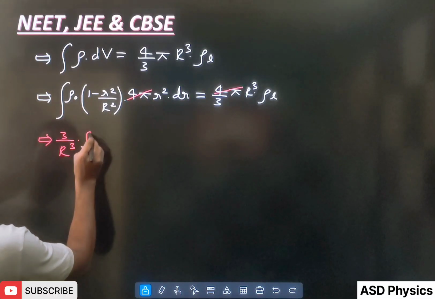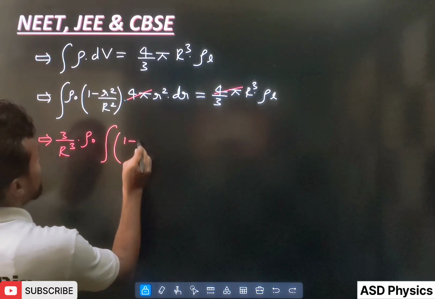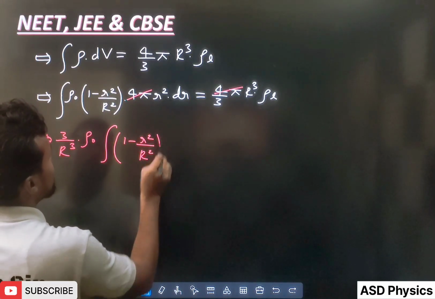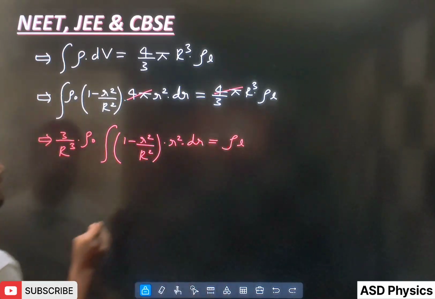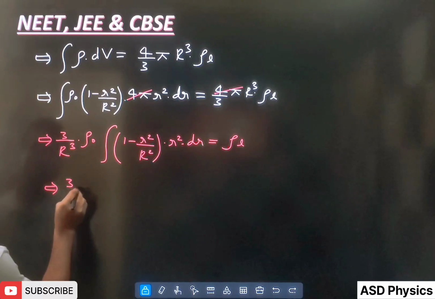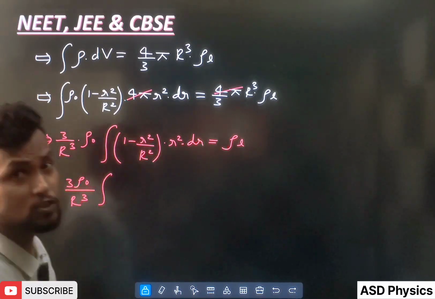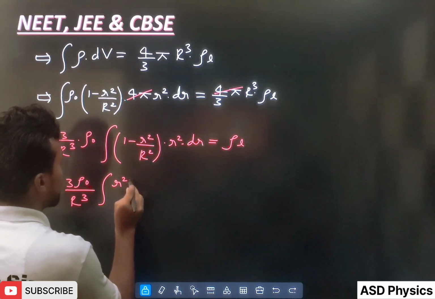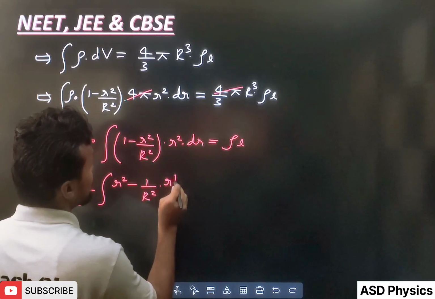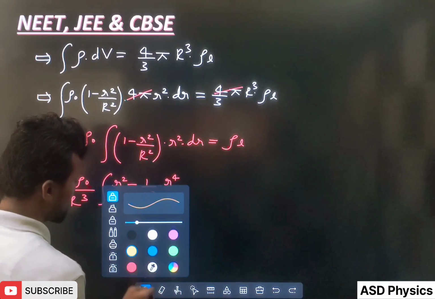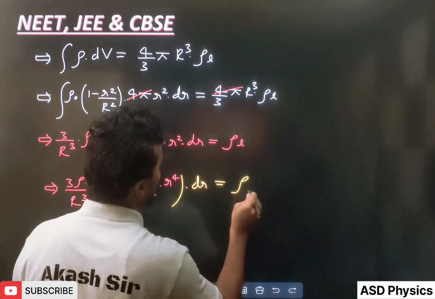Here rho naught will come outside, and the integration of 1 minus small r square by capital R square into r square dr is rho L, the density of the liquid. So 3 rho naught by r cube, and multiplying r square inside, this becomes r square minus 1 by r square into r to the power 4, dr is equal to rho L.